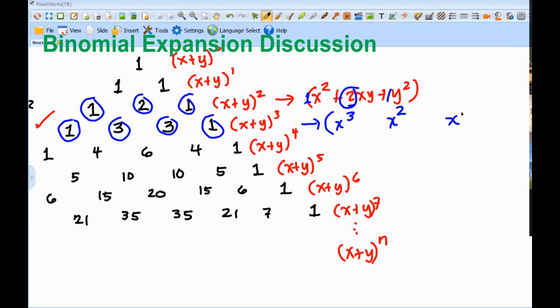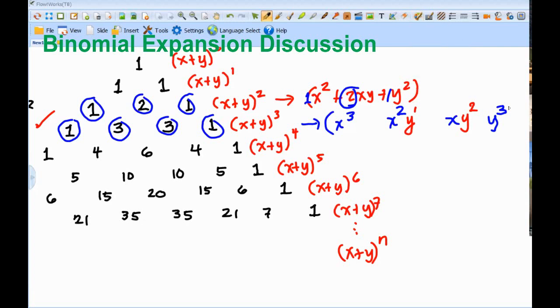And since you're done with the x, you will start with y cubed. Okay? Now, after the x cubed here, you will start with the y. This is y to the power of 1, y to the power of 2, and then 3.